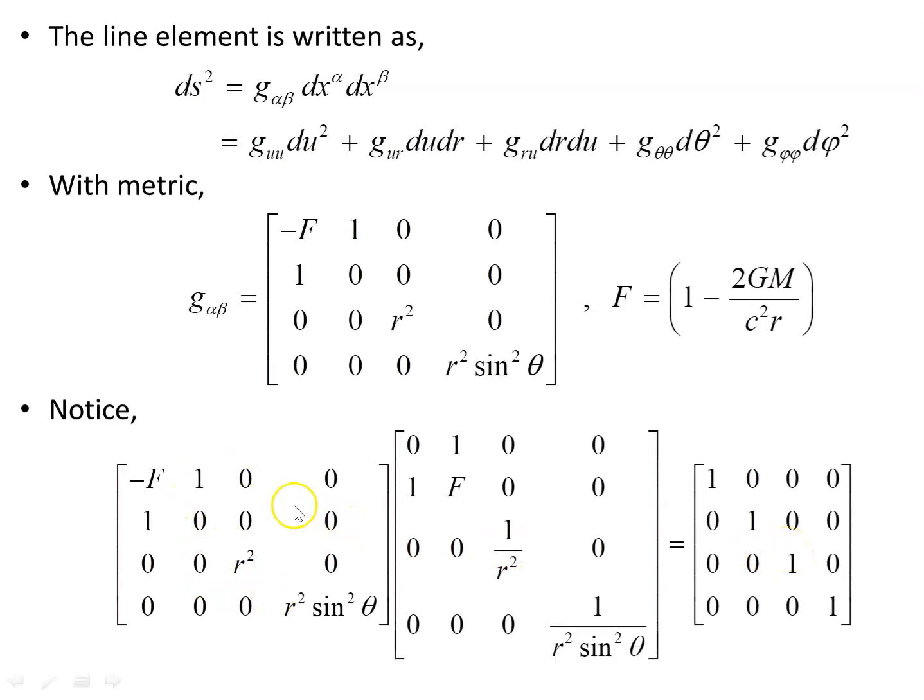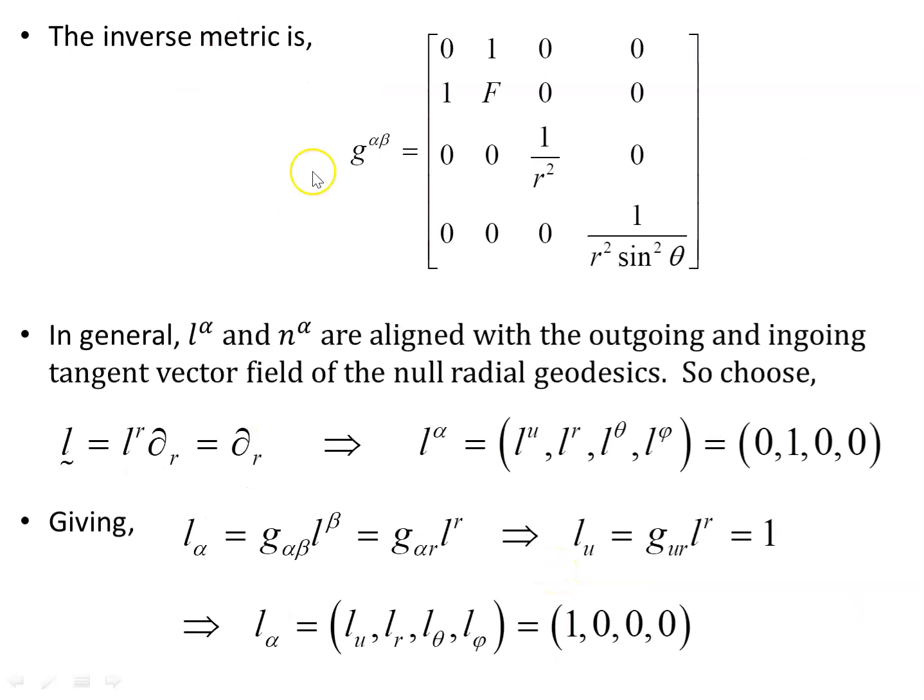So we know that the inverse of this is this object here. So the inverse metric then is given by this object here. Now you can do that with row reduction operations and so on, or just an educated guess, and you'll find that when you multiply them together it works. So there's your inverse metric right here.